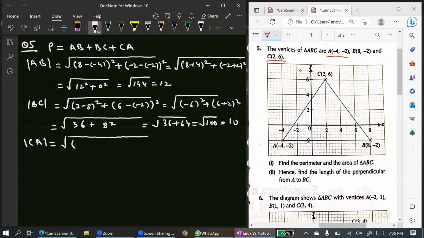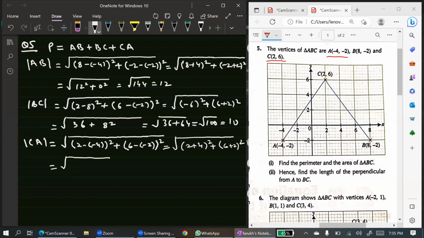Now x2 minus x1, 2 minus (-4) whole square, plus y2 minus y1, 6 minus (-2) whole square, is equal to under the root 2 plus 4 whole square plus 6 plus 2 whole square, 6 square plus 8 square, 36 plus 64 is equal to 100, which is equal to 10.